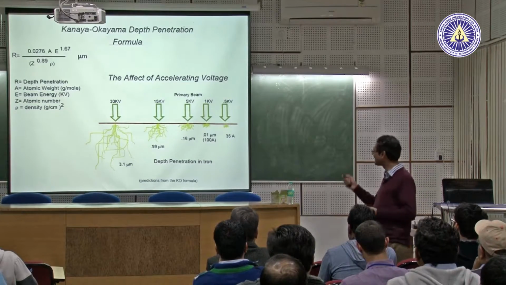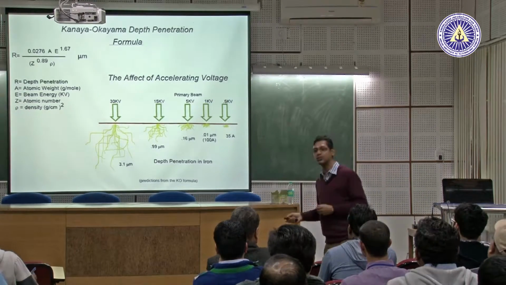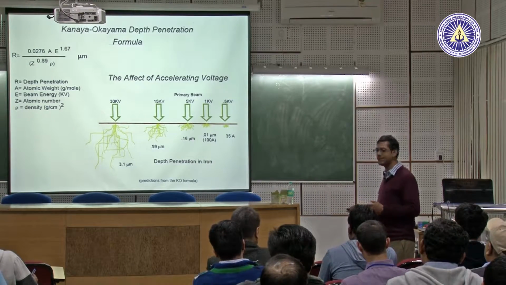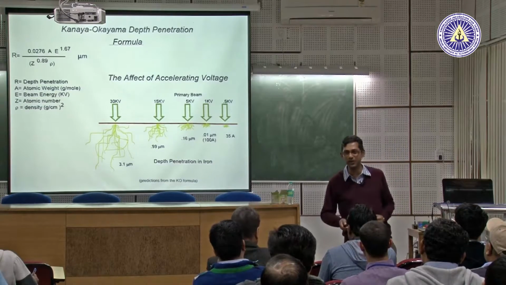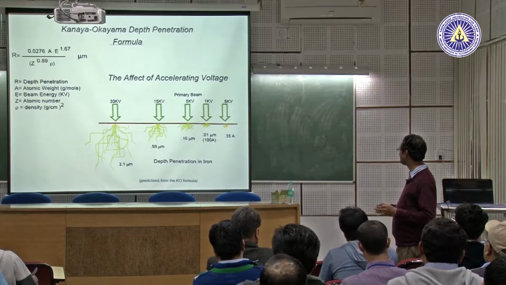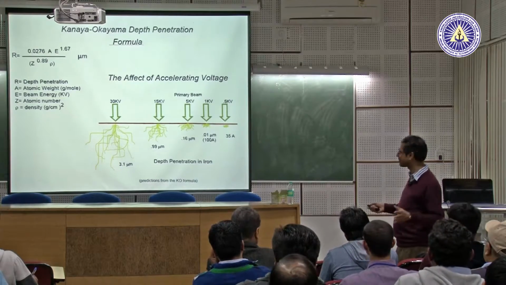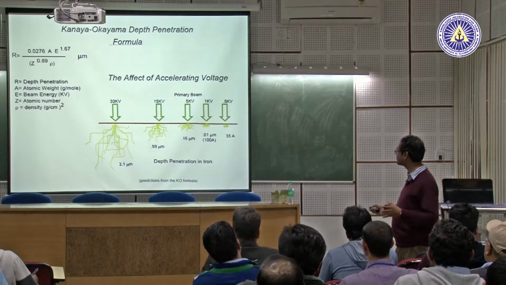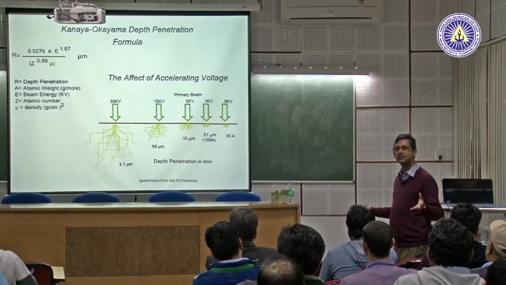We have lenses inside this column with which you can do that. It's called through-lens imaging. So 0.5 kV to 30 kV, 40 kV is the range of voltage people use. Remember one point. Here the interaction volume is very small, 35 angstrom depth, and here it is 3.1 micron. Almost how many times can you calculate?